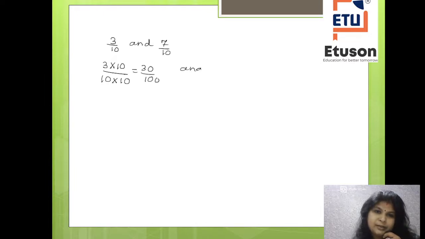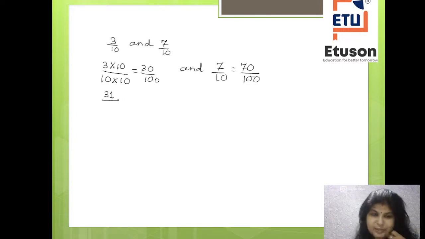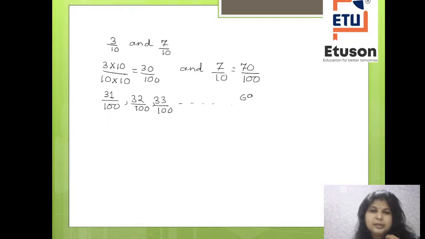Similarly your 7 by 10 will be equal to 70 by 100. Now in between 30 and 70, how many numbers do you have? You have 39 numbers. So you can now tell how many rational numbers there are in between. Thinking in the same fashion, you will write 31 by 100, 32 by 100, 33 by 100, and so forth, till you go up to 69 by 100.